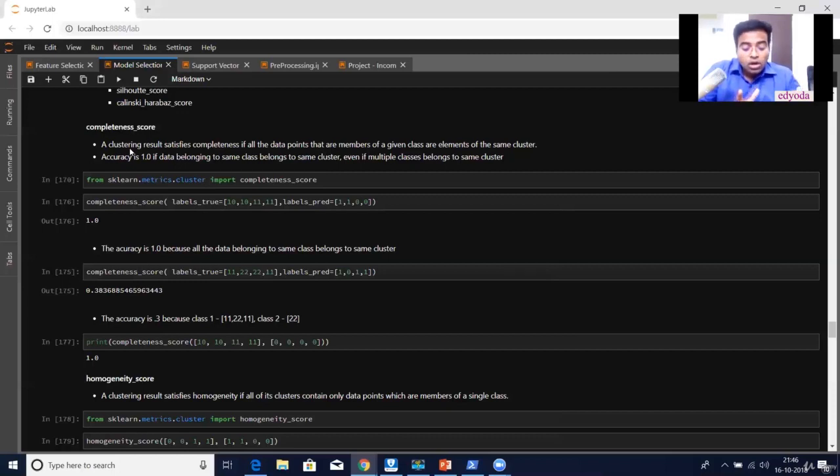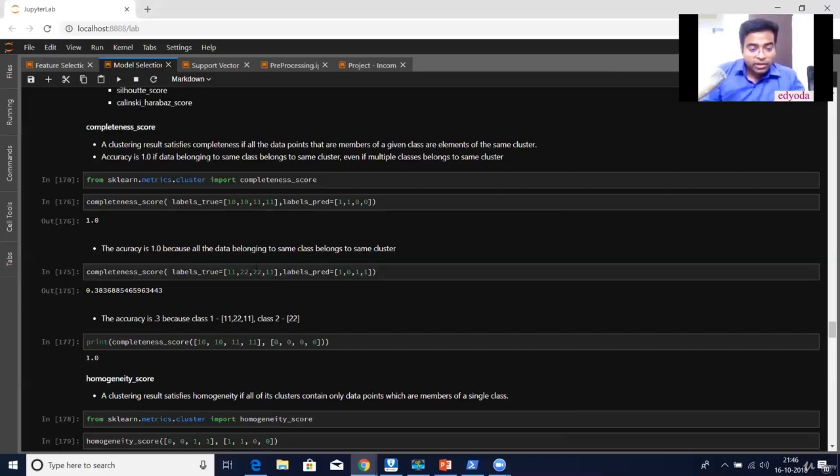That means how complete a class of data is in a cluster. Let's understand this with an example. Say this is the true label, 10 10 11 11, and if you map 10 10 in one cluster and 11 11 in another cluster, this will return 100% accuracy.